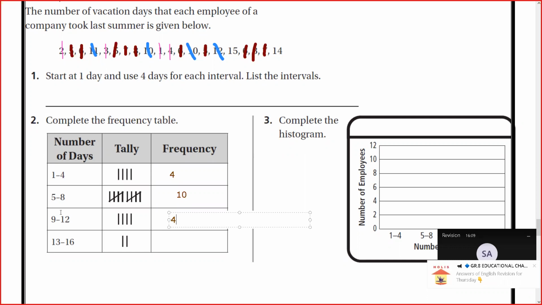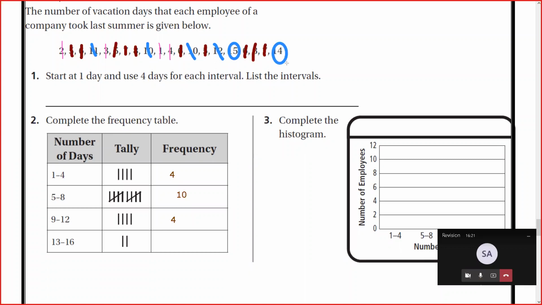Now, the last one, from 13 to 16. We have 1 and 2, so they are 2. Bravo. From 13 to 16, how many numbers do we have? We have 2 numbers only.